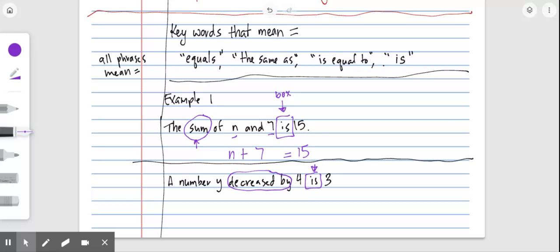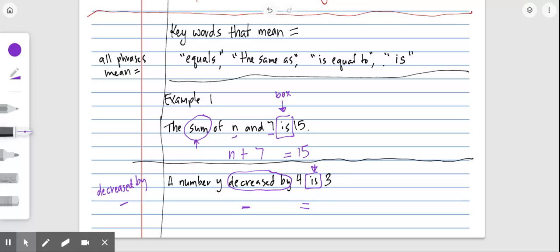So let's start by thinking about what the words decreased by mean. Decreased by means subtract. Okay, so I know that I've got a subtraction sign in here. And then it says is, and I know is means equal to. So now I'm just going to fill it out.